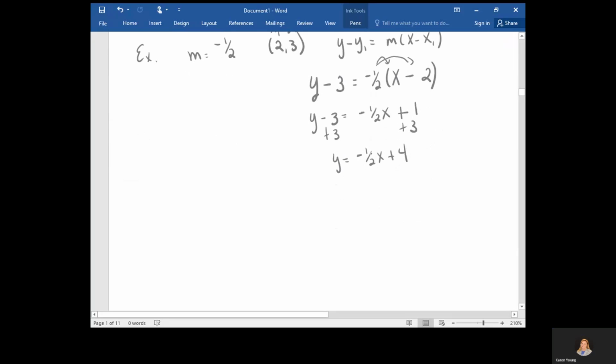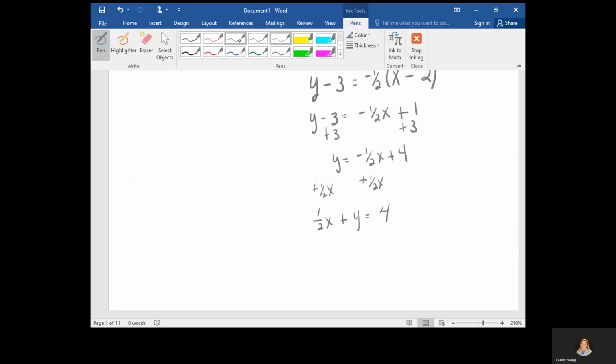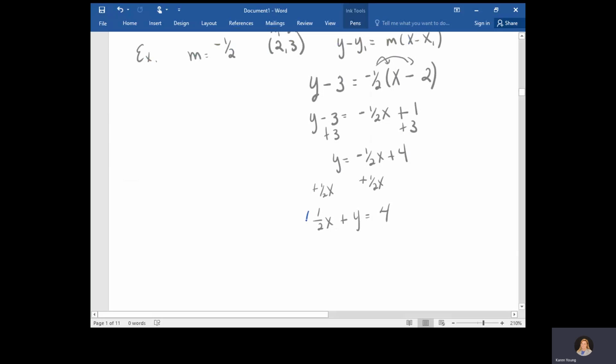I want it in standard form, so I've got to have x and y on the same side. So I'm going to add 1/2 x to both sides. So I have 1/2 x plus y equals 4. And I also said that you couldn't have a fraction. So I'm going to multiply each term by 2/1 because I've got a denominator of 2.